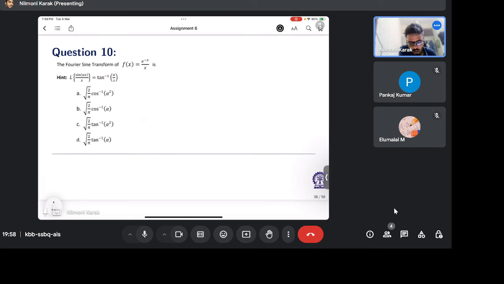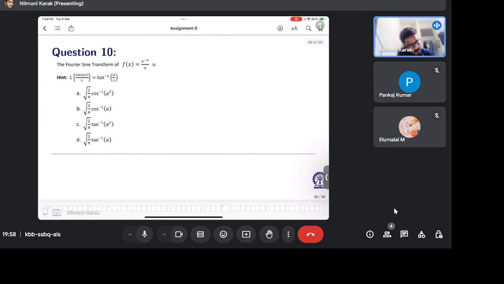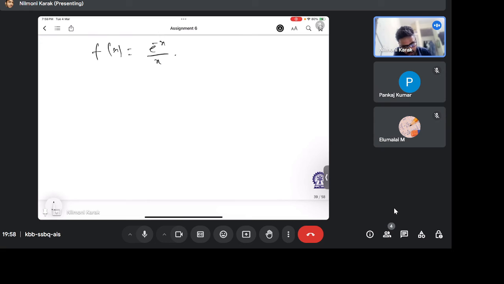So we'll use this. Basically f(x) is e to the power minus x by x. One thing, since x is greater than 0, it is well defined, no problem.